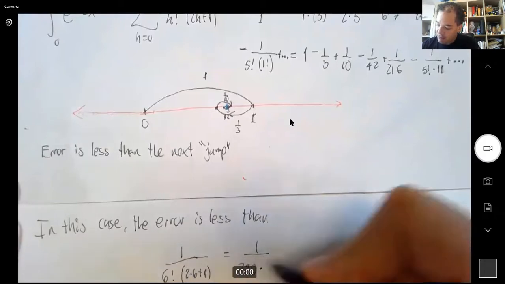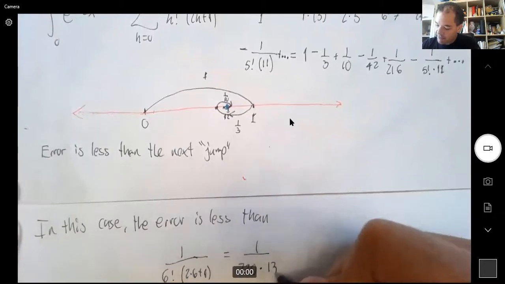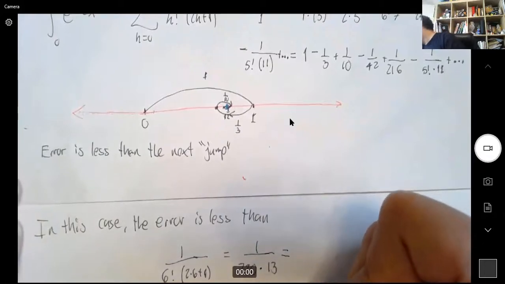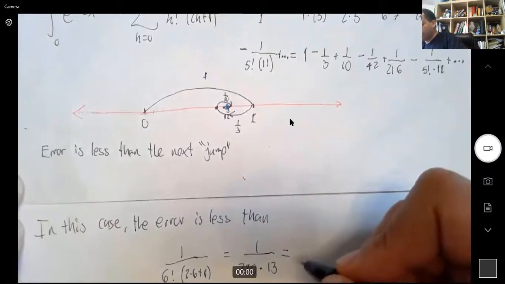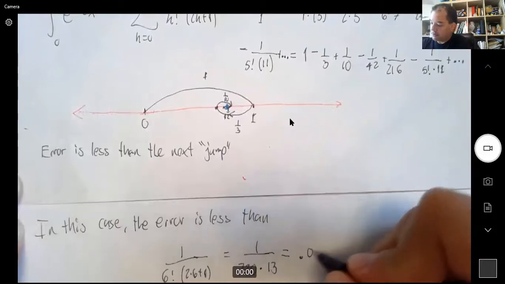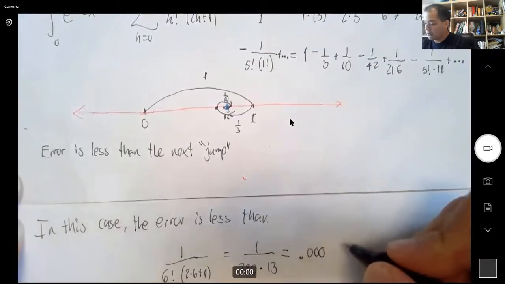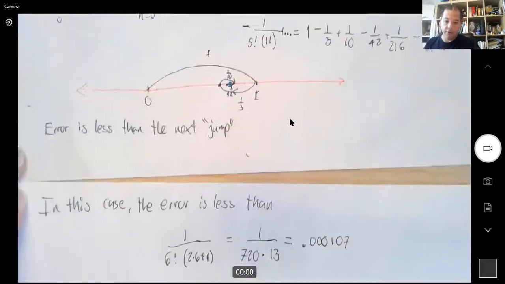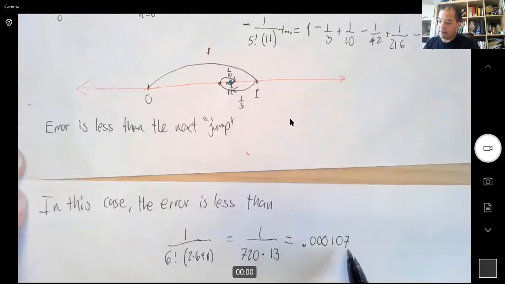And this is 13. Right? So this number is about 0.000107 according to the book. All right? So the error is less than this, and this satisfies what we wanted.